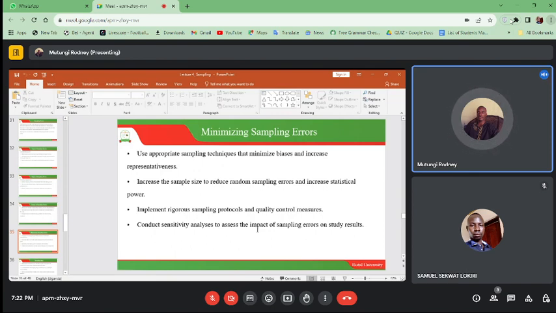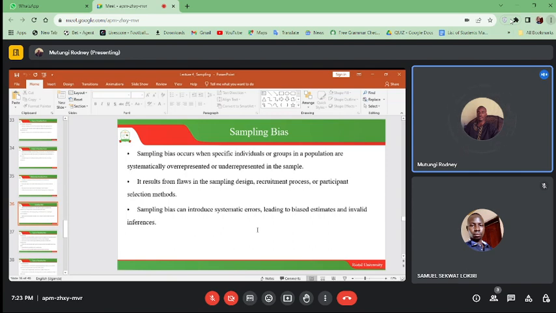Then also you need to implement rigorous sampling protocols and quality control measures. And before you roll out your sampling technique, do sensitivity analysis and assess whether this technique will create errors or bias, so that if it does, you implement another alongside it, and you leave the one that has a lot of errors altogether. Okay, so that was sampling error.